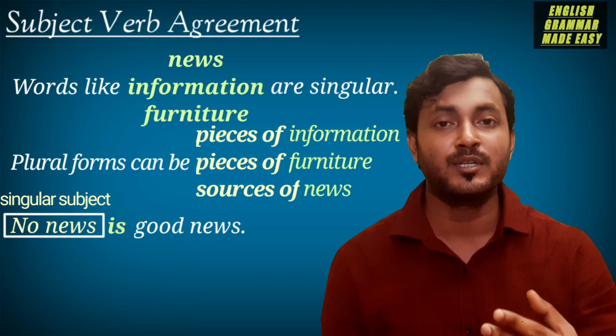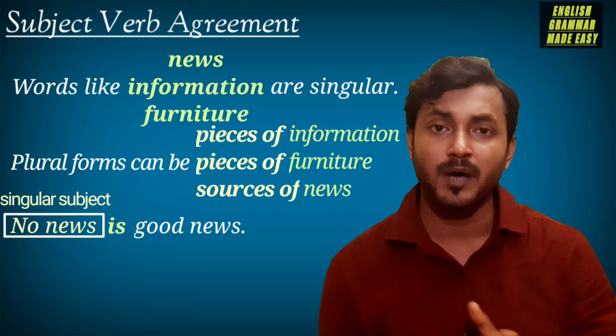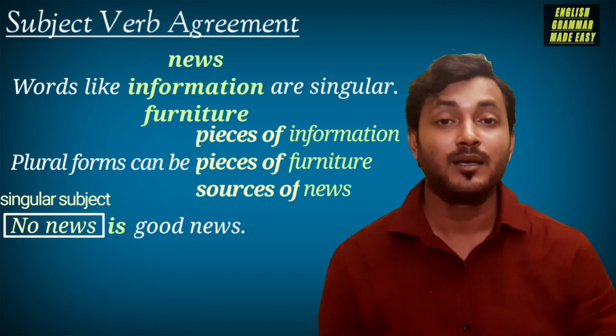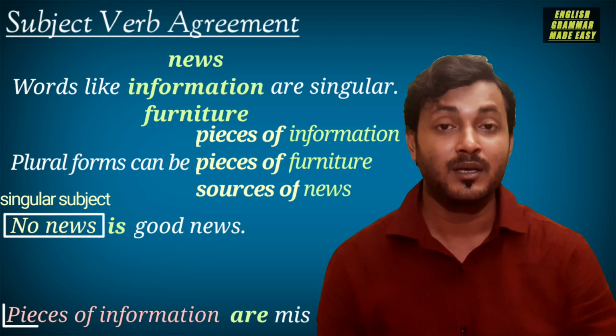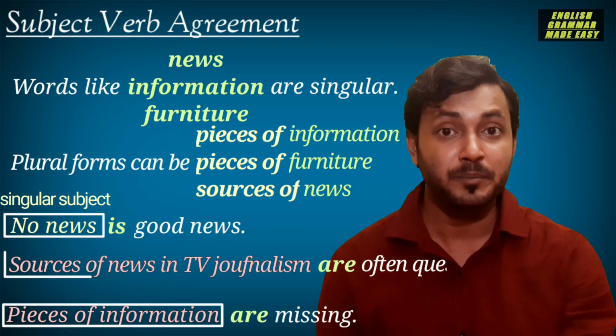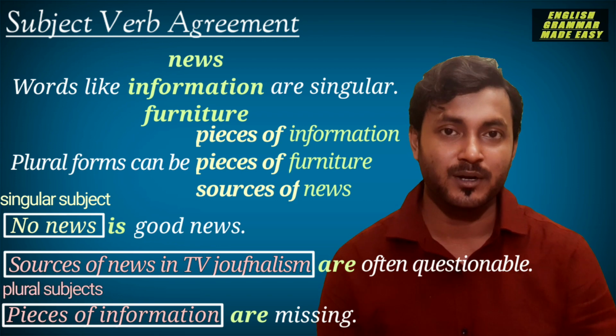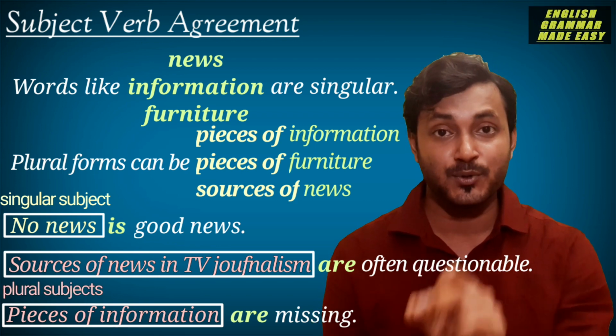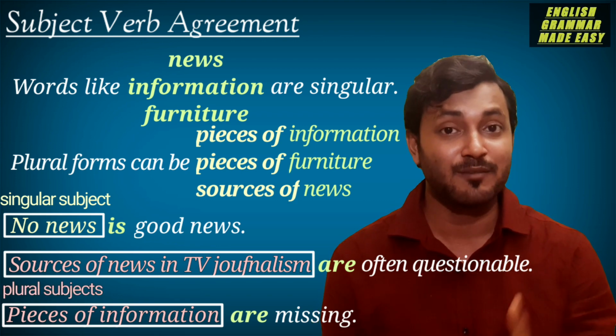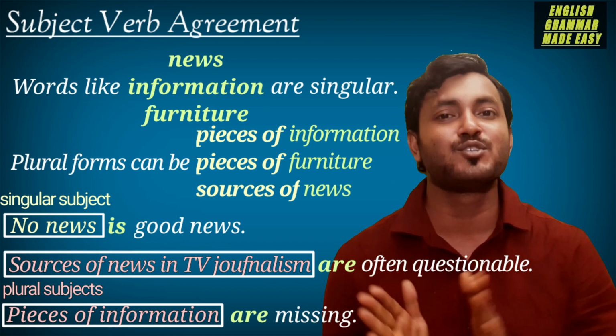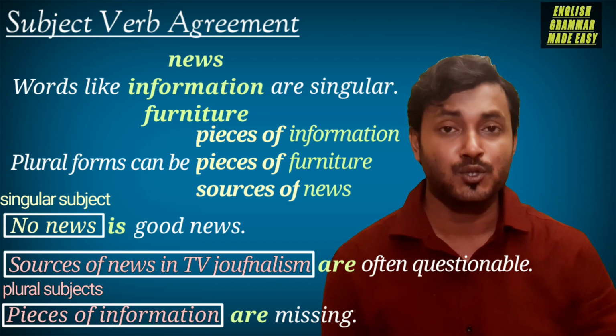But if you wish to turn them into plural, you will have to add some other words before them, like pieces of information, sources of news, pieces of furniture. In that case, pieces, sources, etc. will be treated as your actual subject, and the subject phrase will become a plural subject.